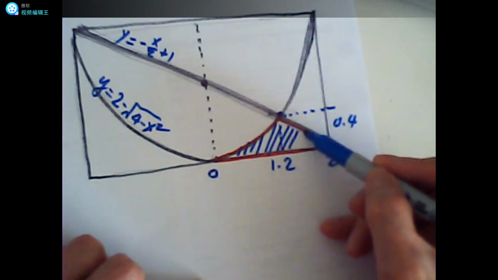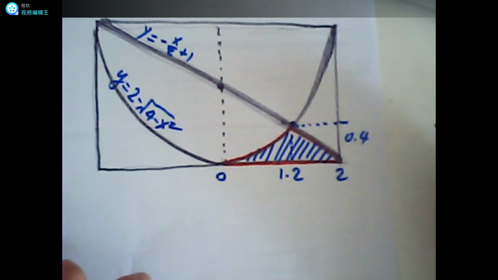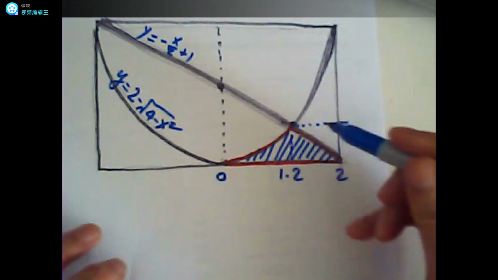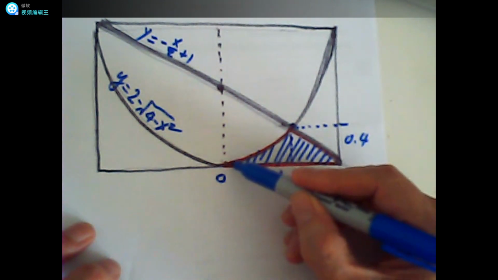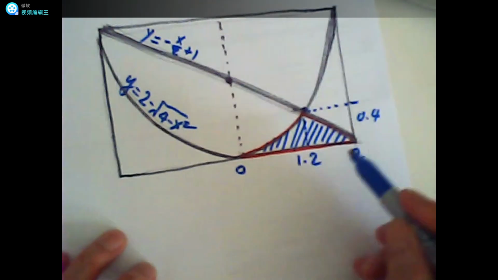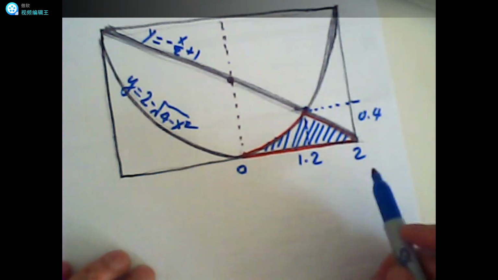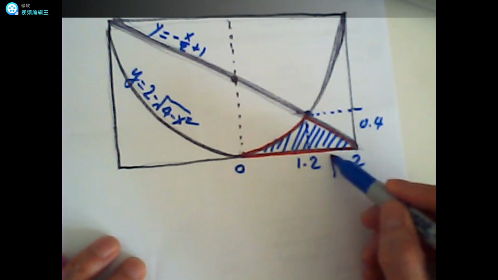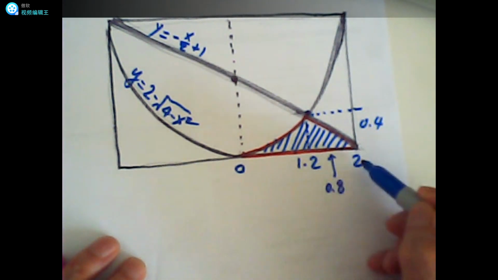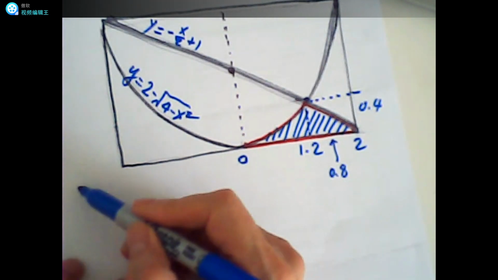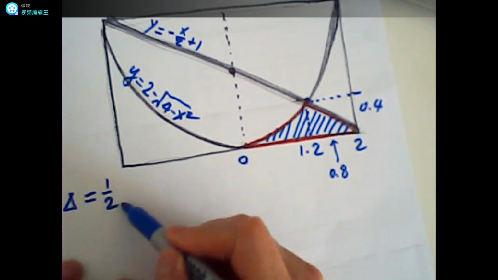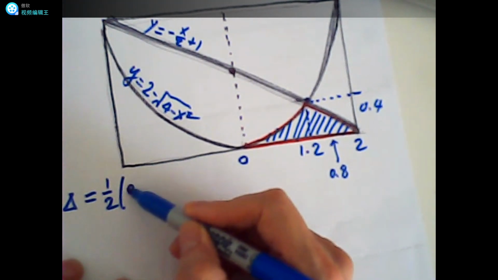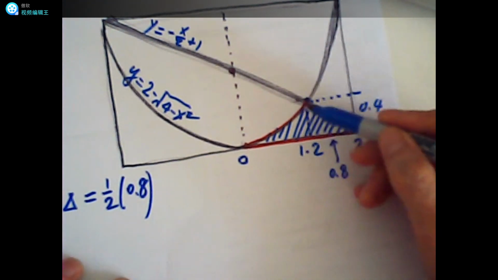We want to find this area, right? Now this area is this triangle plus this piece, right? The triangle is very easy. This is 0.8, right? It's 2 minus this one. So for the triangle, the area is equal to half times 0.8 times the height.